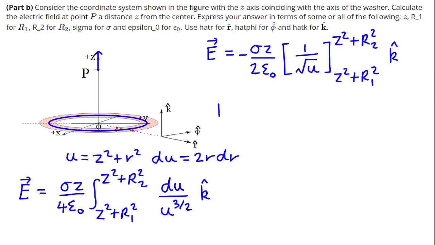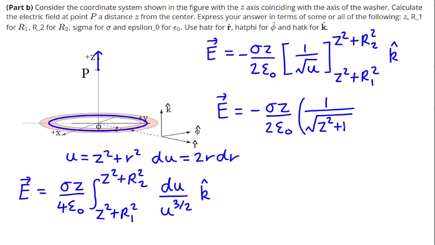So therefore the electric field is minus sigma z on 2 epsilon naught by 1 on the square root of z squared plus r2 squared minus 1 on the square root of z squared plus r1 squared in the k direction. So given that r2 is larger than r1, then the left term is smaller than the right, so we get a negative result, multiplied by a minus, gives an electric field that points in the positive z direction.